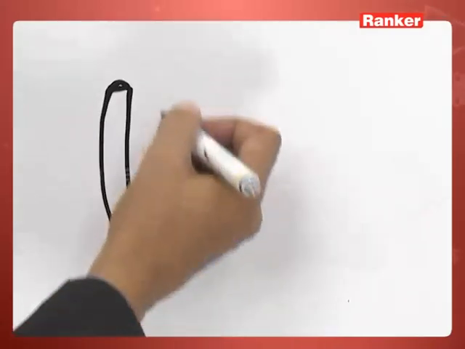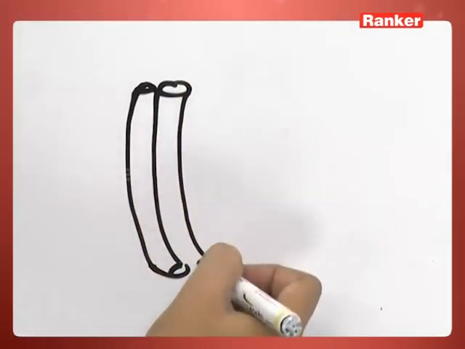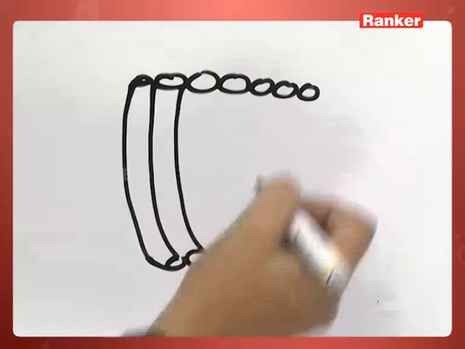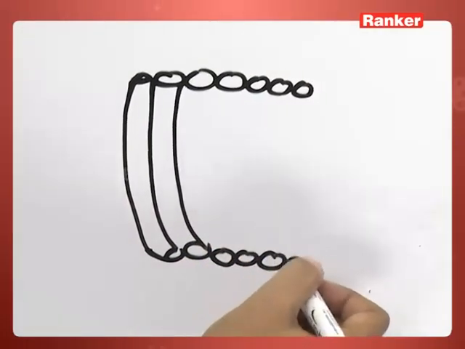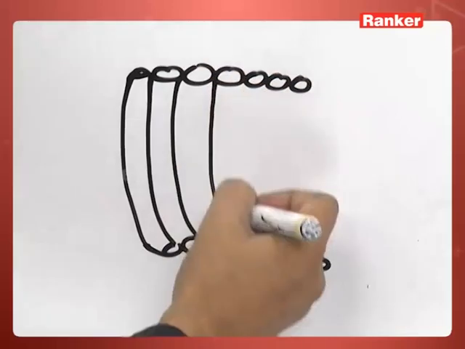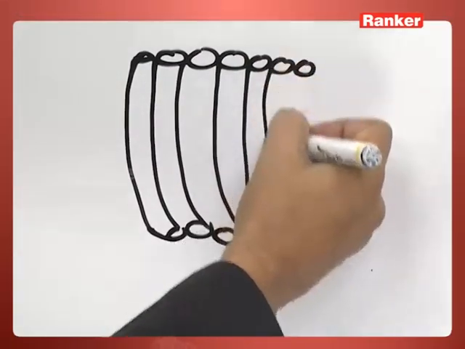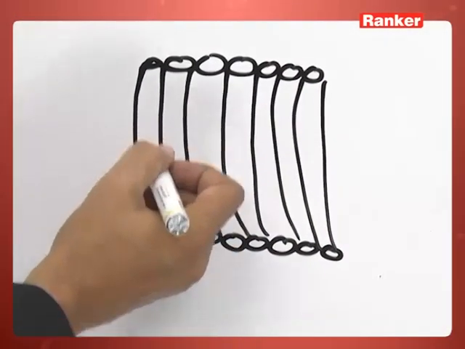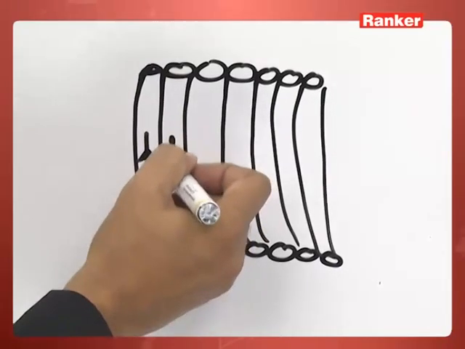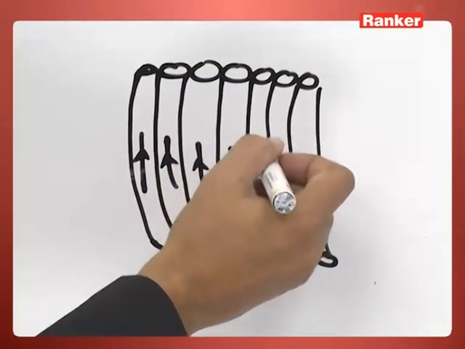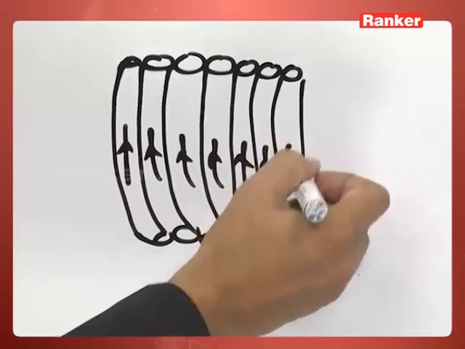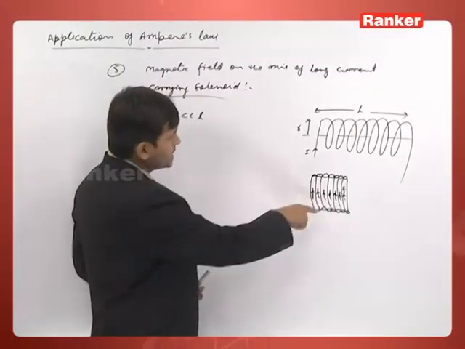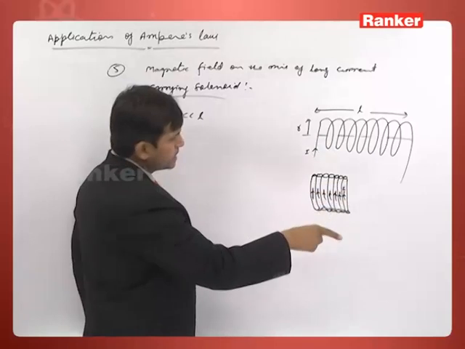This is one of the wires, another wire is like this, and you can see a number of them, and these all indicate one of the loops like this. The current here is I, and each has current I. I am talking about this type of loops.